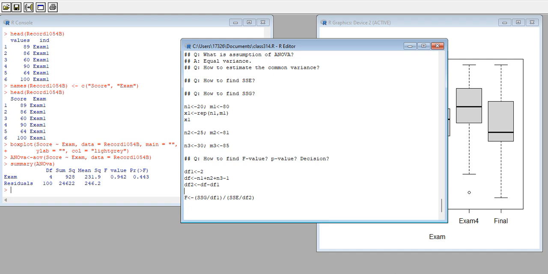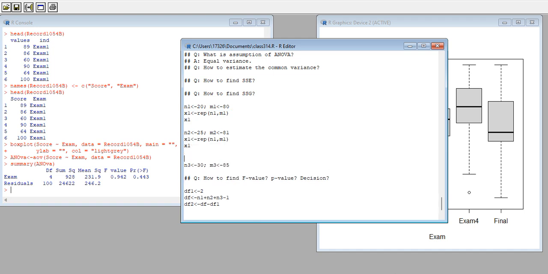So what is SSG? SSG is like the data looks like 80, 80, 80, just x1 being 80, 80, 80. So we just copy this for class 1.